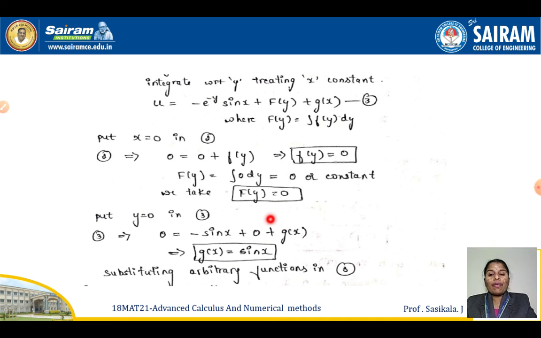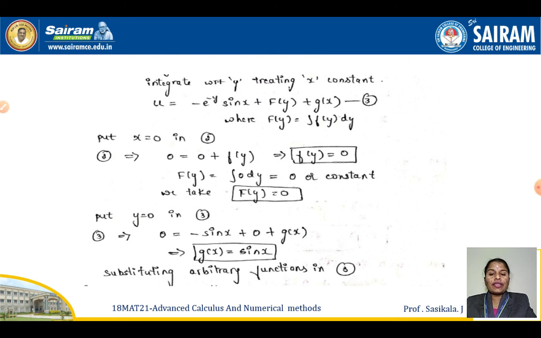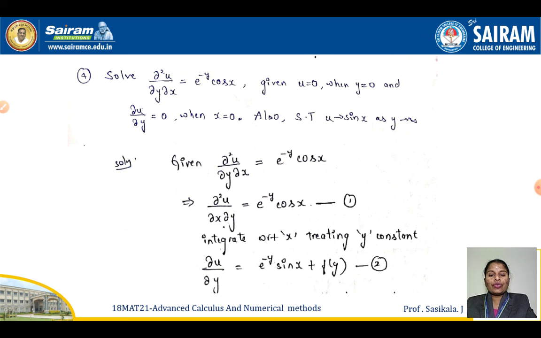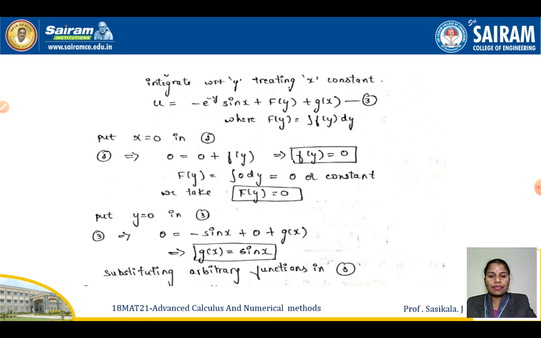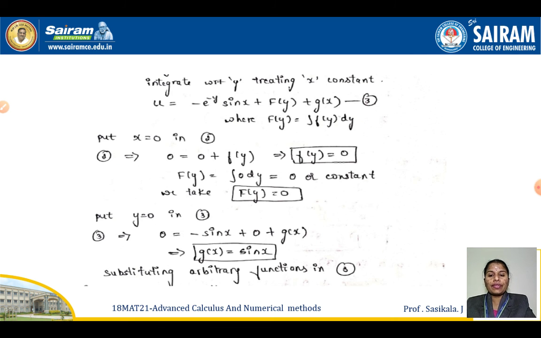Okay. So now in equation number 3, you can replace y equal to 0. So what will happen? y is equal to 0, and the condition given is u also will be 0. Both results you can substitute here, and you will get 0 is equal to minus sin x times e power 0, which is 1, right?